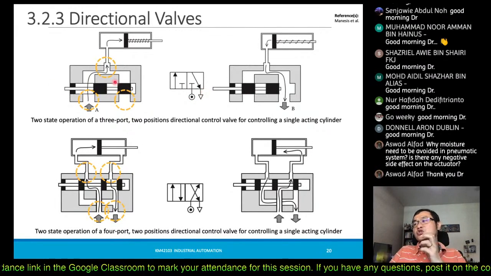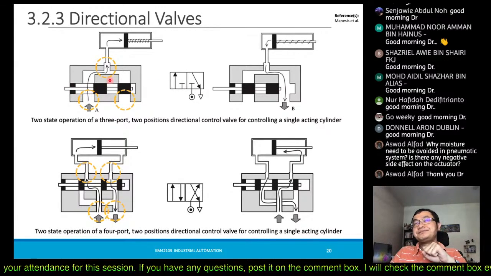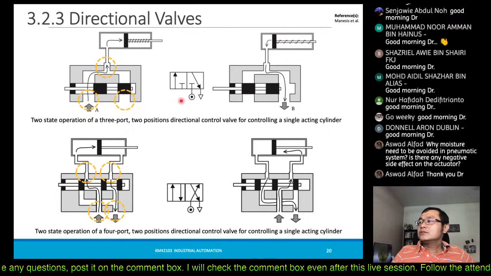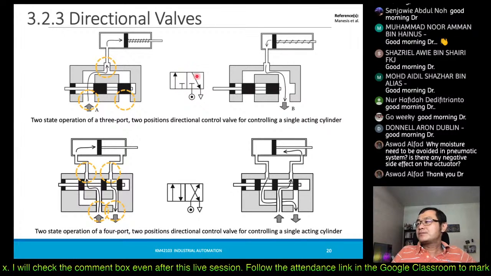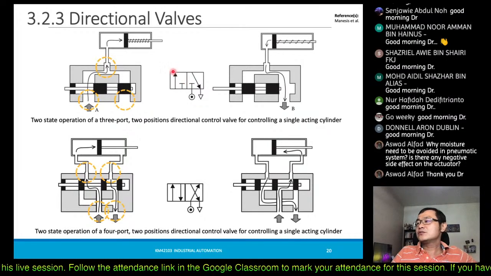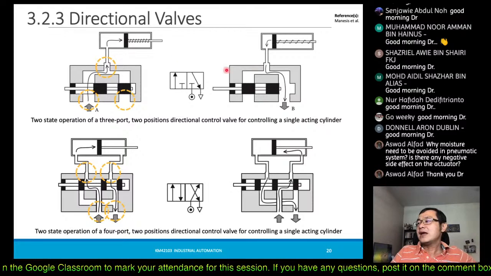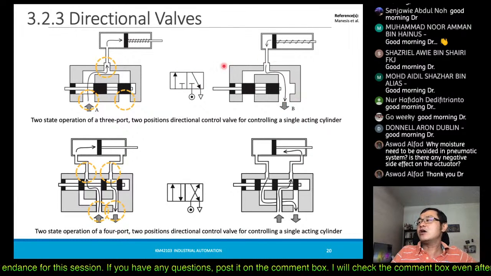It is only switching between the internal parts of the cylinder. So now these 2 remain the same, and only these 2 rectangles will switch. This state will represent this part, and this other rectangle will represent this state of operation.